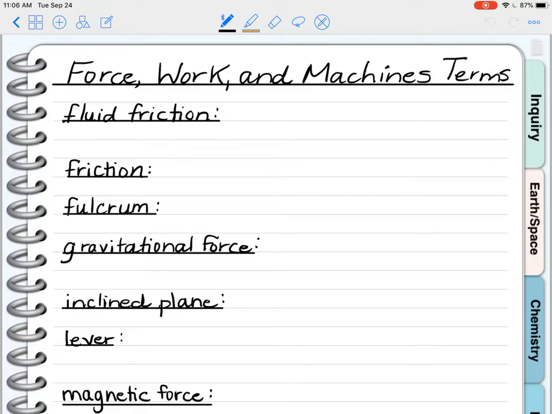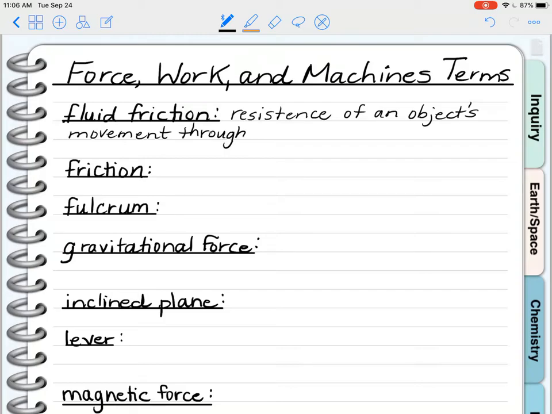The first one, because these are in alphabetical order, is fluid friction. Fluid friction is resistance of an object's movement through liquid or gas.